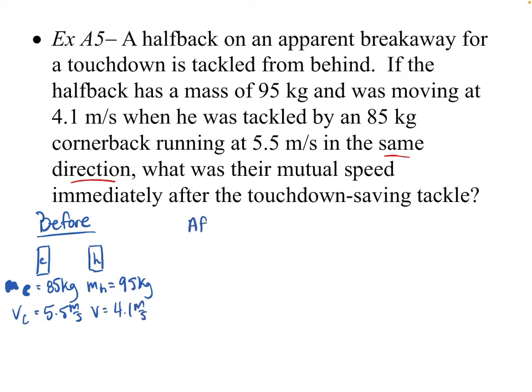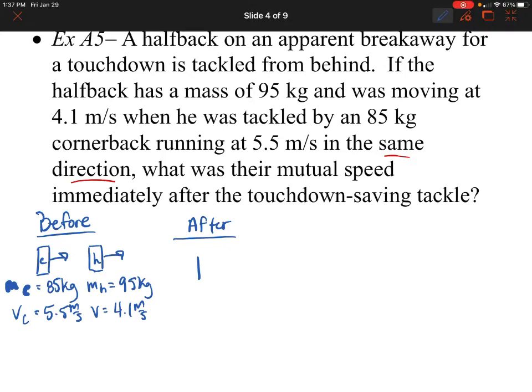Great. And then afterwards, what does it look like? Well, afterwards they're going down together. So right here, I'm assuming they're going that direction. It doesn't actually give us a direction, but we know they're overwhelmingly in the same direction, so we shouldn't even have any negatives here. Okay, and afterwards, they're basically going to be together here, right?